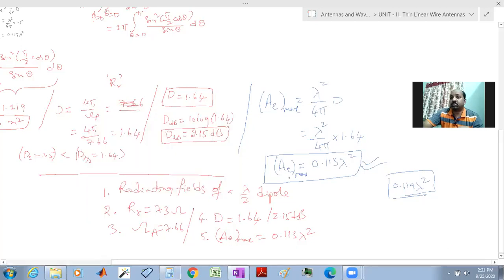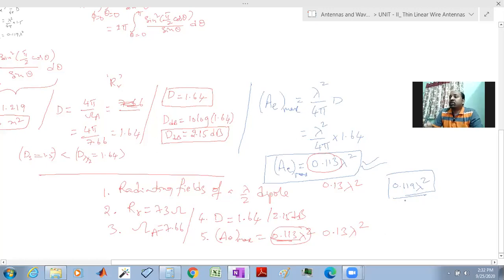So the maximum effective aperture is not 0.113, it is 0.13 lambda square. So you just make a note of it: 0.13 lambda square. This is what you will get, not 0.113, but 0.13 lambda square.